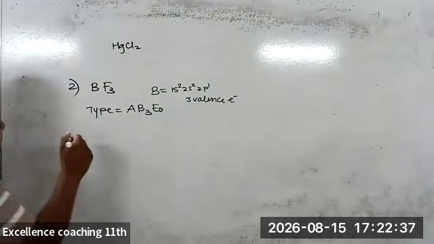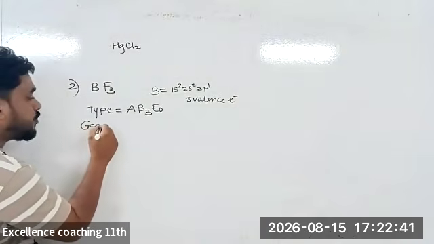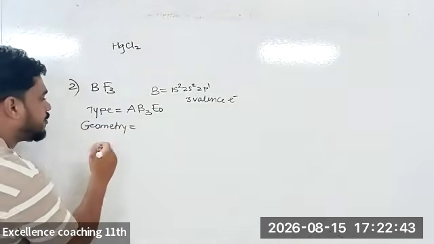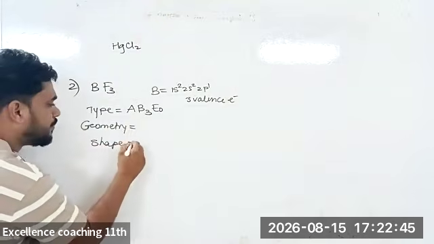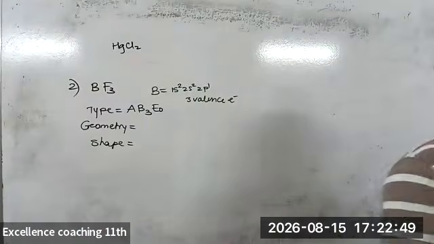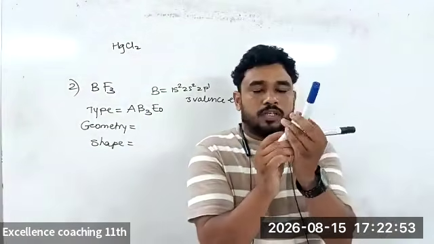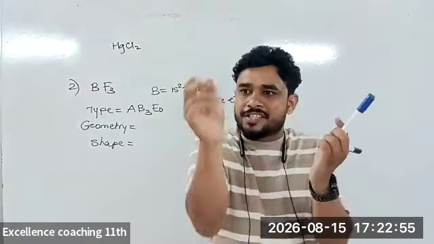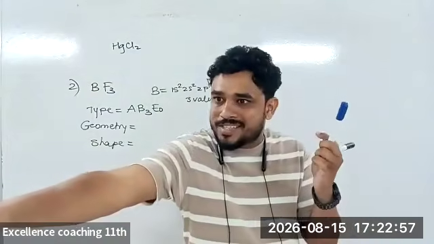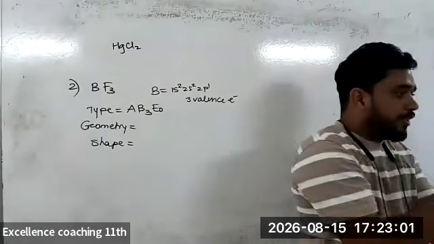Now, can you tell me the geometry and shape? We'll discuss geometry and shape. We have to arrange them in such a way that we have a 360 degree sphere. The sphere was mentioned in the postulate.